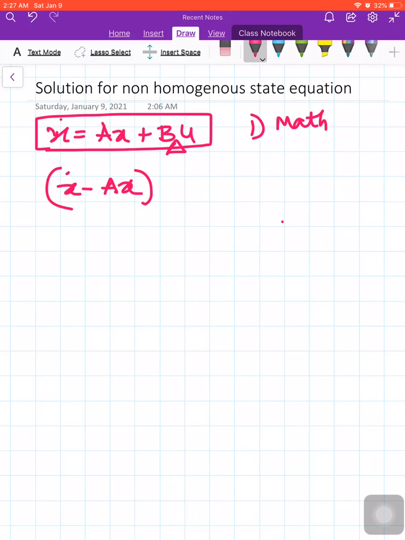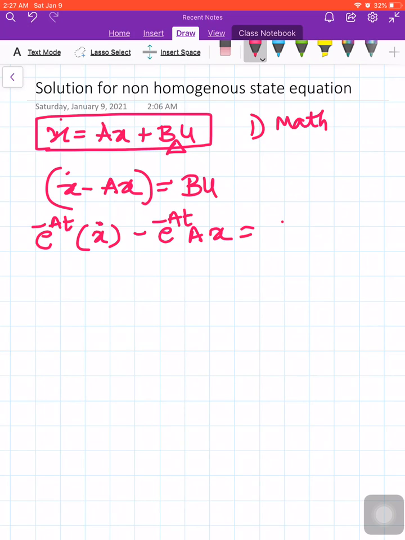So basically I have brought the ax part on the right hand side to the left hand side, and then I have bu. Now I multiply with e power minus at on both sides, then it will give me e power minus at into a into x is equal to e power minus at into b into u.